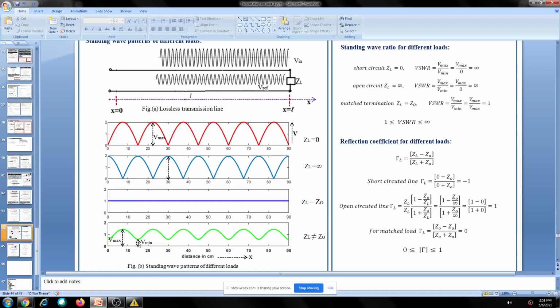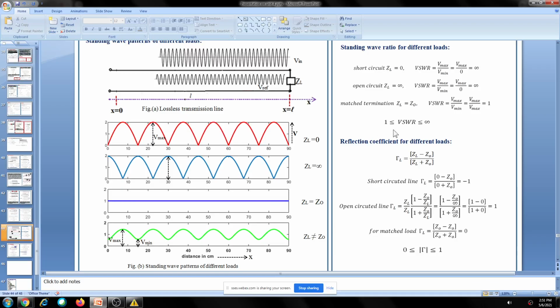In such a case, what is the minimum impedance? What is the maximum impedance? That you can find out using the equation. You will see what is the minimum impedance and what is the maximum impedance. Minimum impedance occurs at voltage minimum, maximum impedance occurs at voltage maximum.